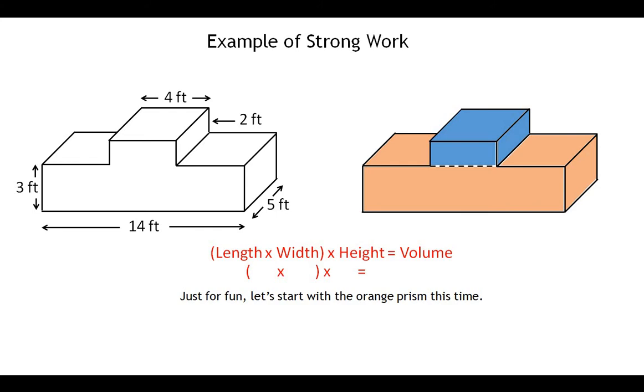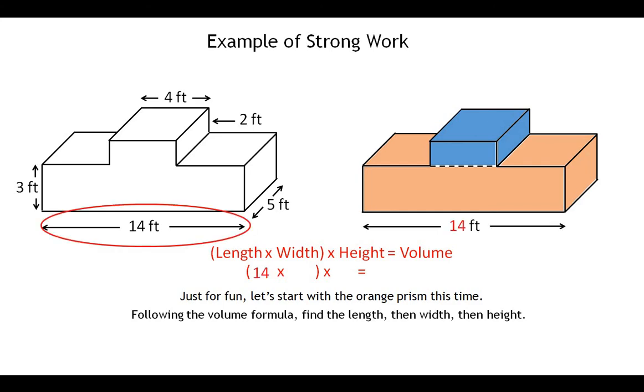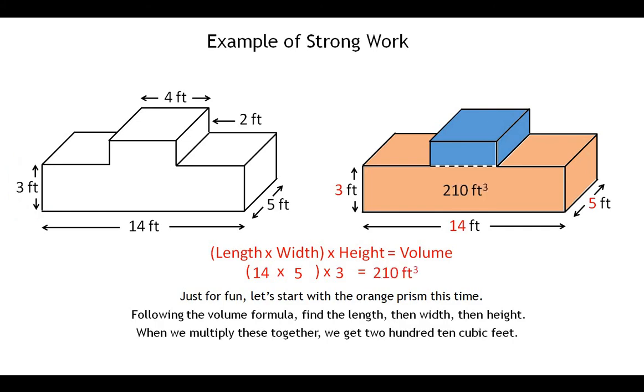Just for fun, let's start with the orange prism this time. Following the volume formula, find the length, then width, then height. When we multiply these together, we get 210 cubic feet.